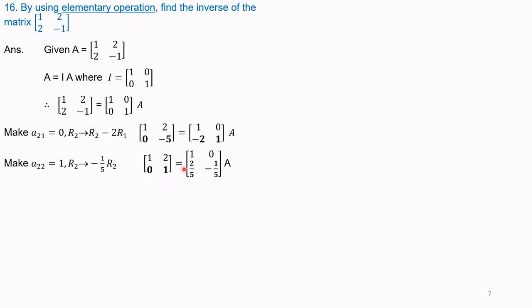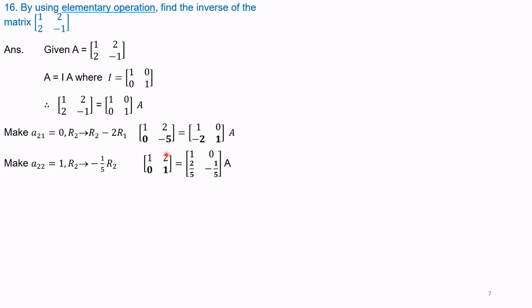And on the right hand side, we have to do the similar operation. So, minus 2 into minus 1 by 5 is plus 2 by 5. And 1 into minus 1 by 5 is minus 1 by 5.